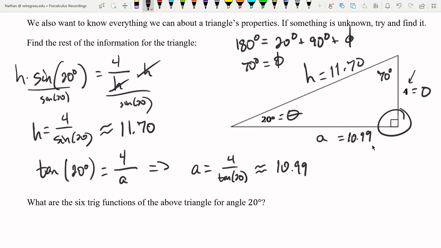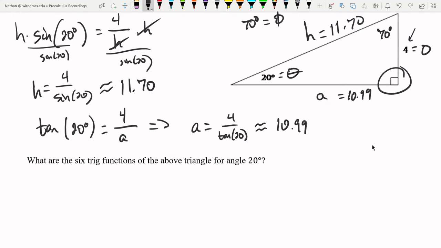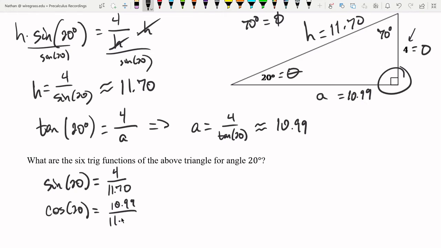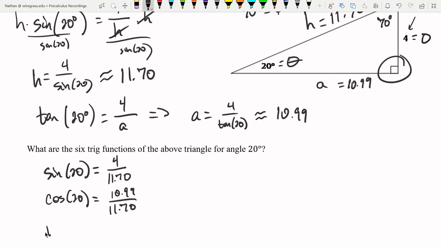And with that, we can see what the 6 trig functions are for the angle 20. We know sine 20 equals opposite over hypotenuse. Cosine of 20 is adjacent over hypotenuse. And the tangent of 20 is going to be opposite over adjacent, just using SOHCAHTOA.